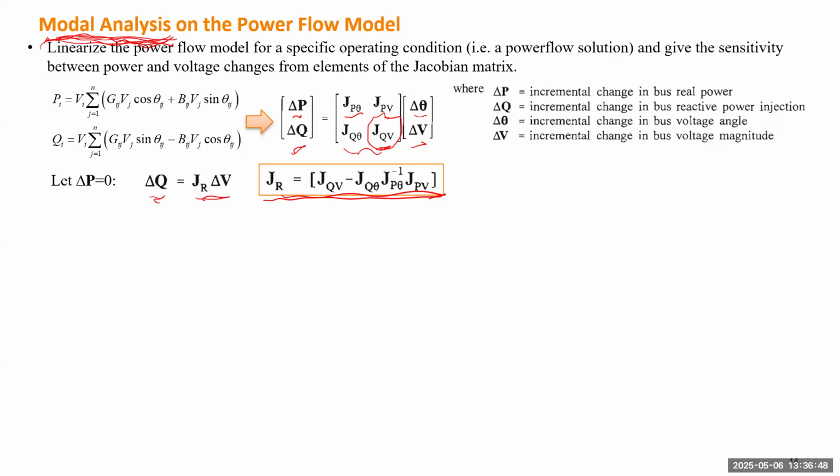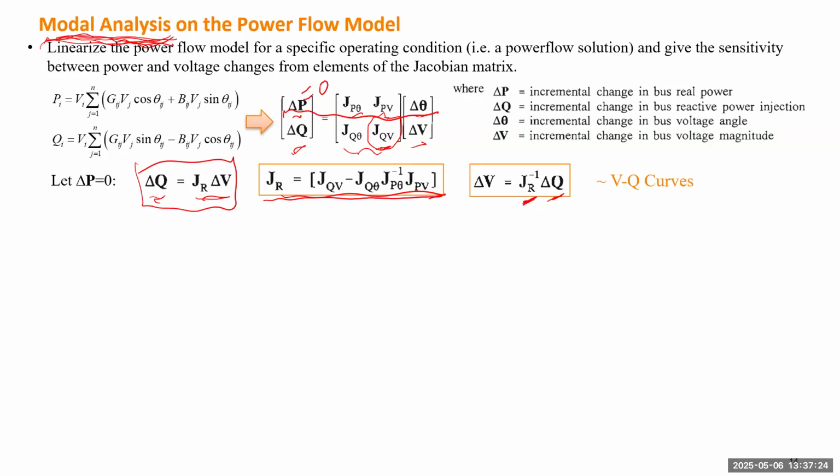So basically you let this one be 0, and from the first equation you solve for theta, then you plug into the second equation, then finally you have this solution. Then you know the voltage change will depend on this inverse of the Jacobian multiplied by the change in the reactive power injection.